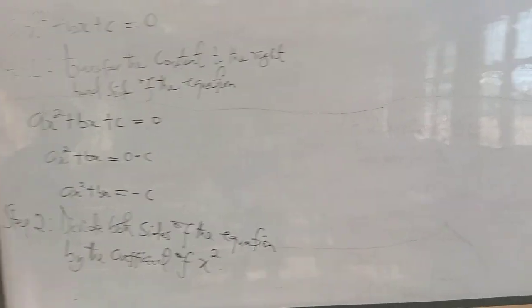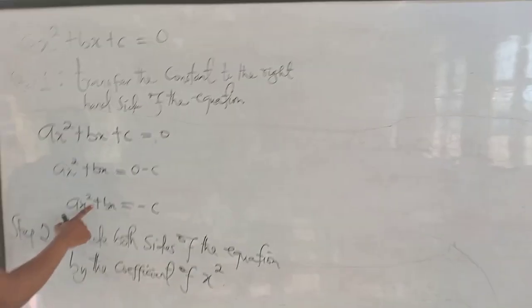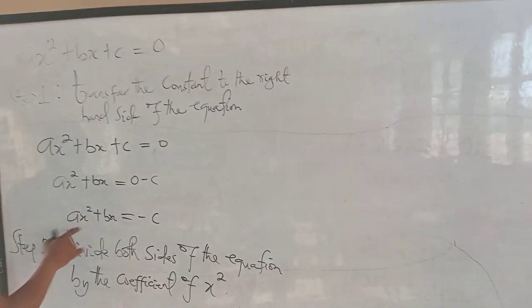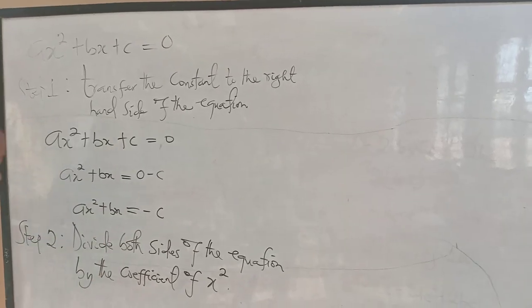Mind you, I didn't say x, but x squared. So where is the x squared? This is x squared. So what is the coefficient? Coefficient means attachment. What is attached to x squared was a. So meaning that we are dividing everything by a.